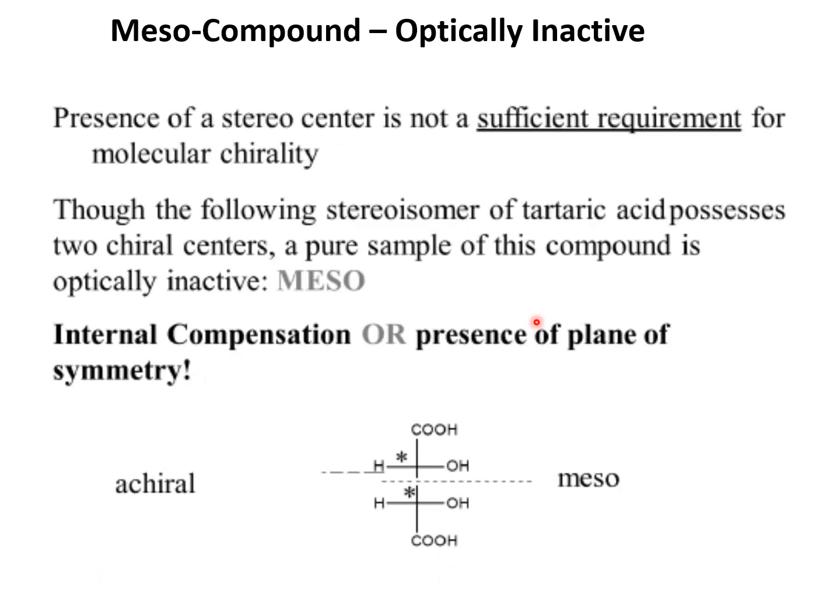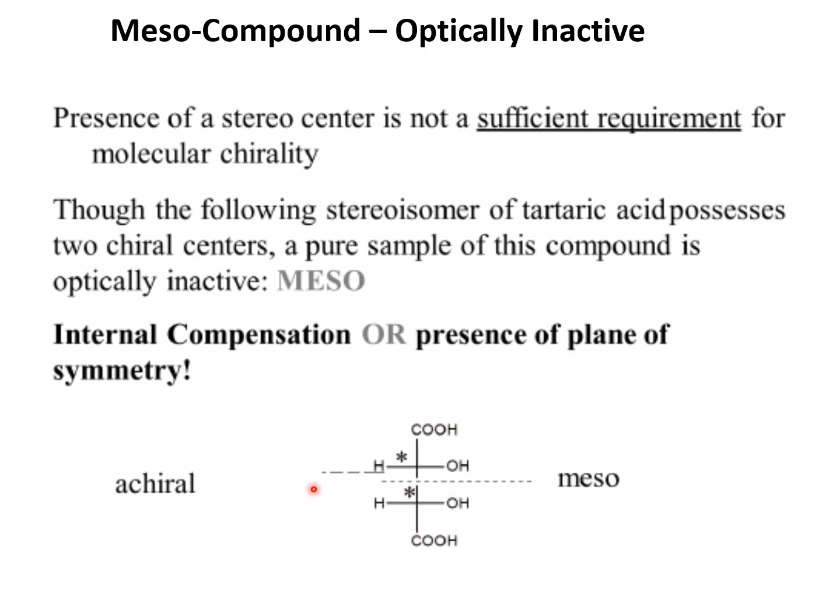Next one, meso compound. A meso compound is always optically inactive. Why is meso optically inactive? The answer is very simple. That is due to internal compensation. Internal compensation is nothing but the rotation of one half of the molecule being neutralized by the other half.